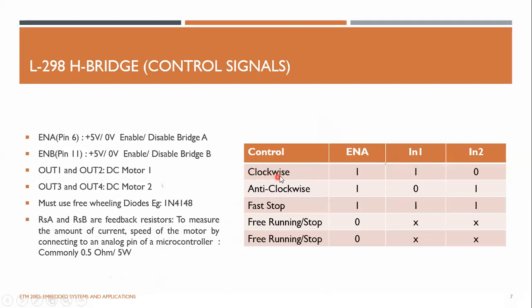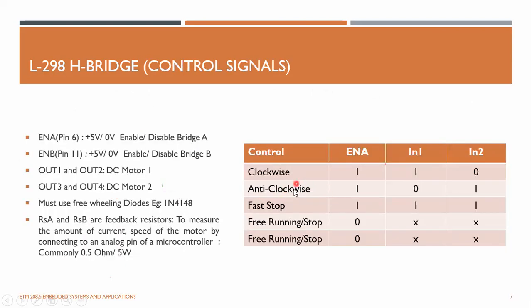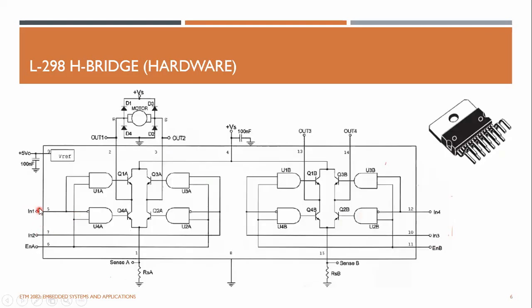If you want to drive the motor in the clockwise direction, you have to enable the bridge and IN1 should be logic high, this one high, this is 0, and enable high, so it will rotate the motor this way. For anti-clockwise rotation, IN2 should be high, so this is high, this is 0, and enable is high.